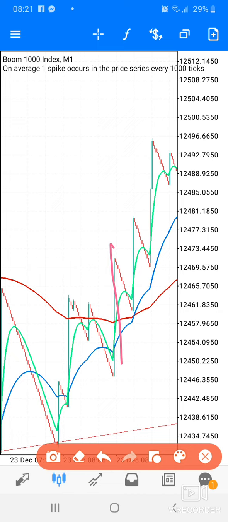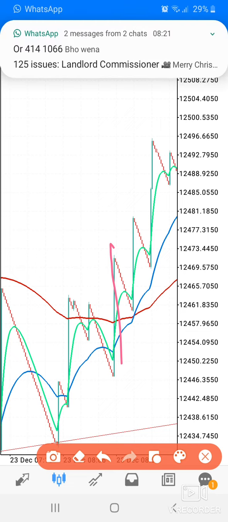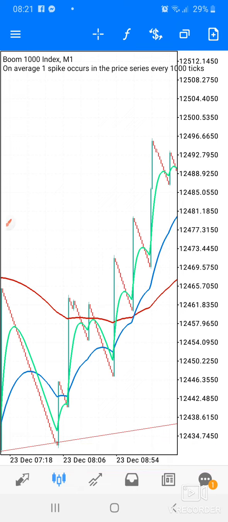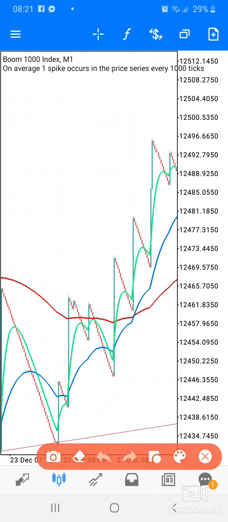If a greater part of the candle managed to cross the 200 exponential, you know that it's an indication again that there are going to be more spikes. Here it came, there was this spike, so you're going to enter here when the price was closer to the 10 exponential.